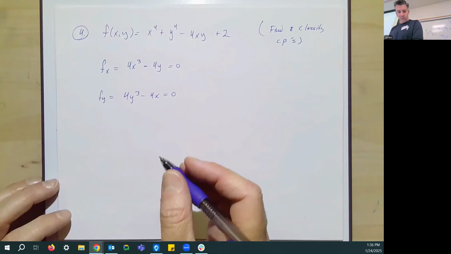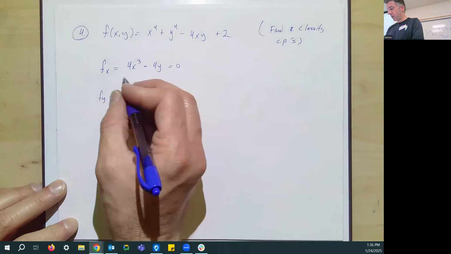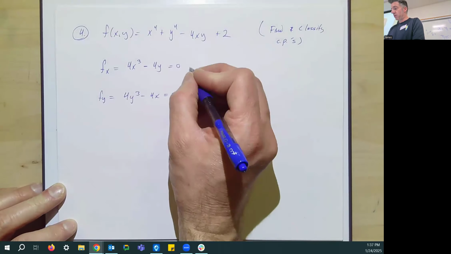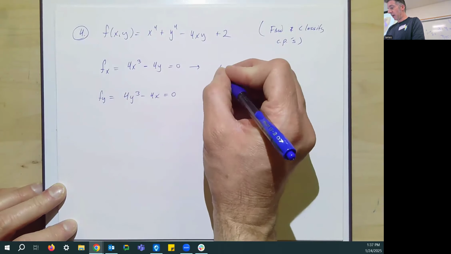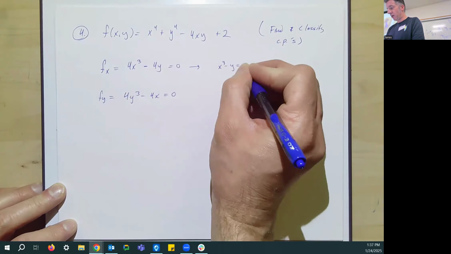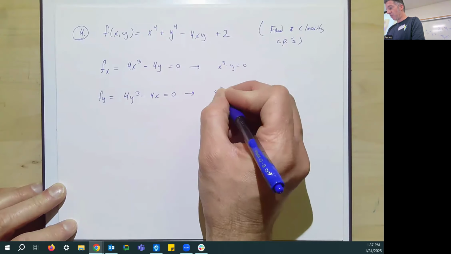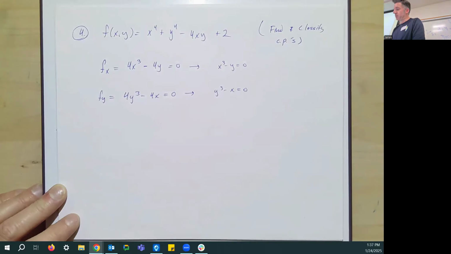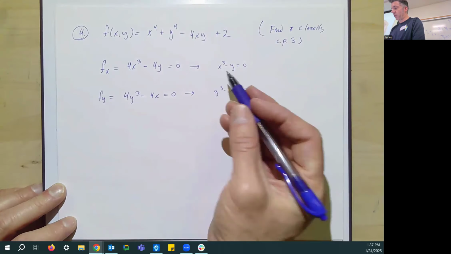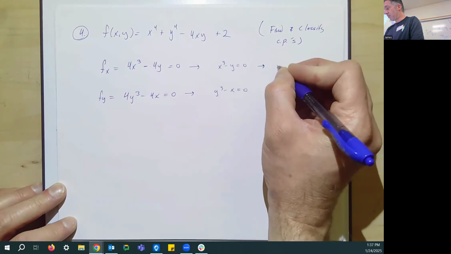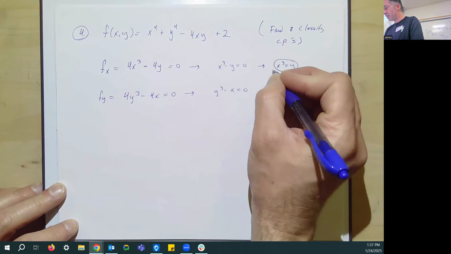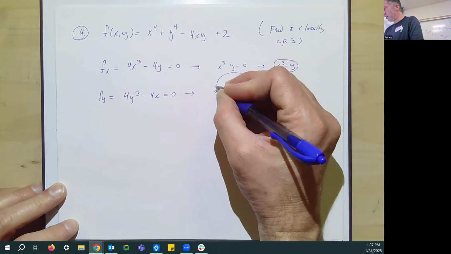I would point out a couple things. Both of these equations you can divide by 4. So this you can think of as being just x cubed minus y equal to 0, and this one being y cubed minus x equal to 0. I'm going to solve one of these for y, so x cubed equals y, and then plug x cubed into the other equation.